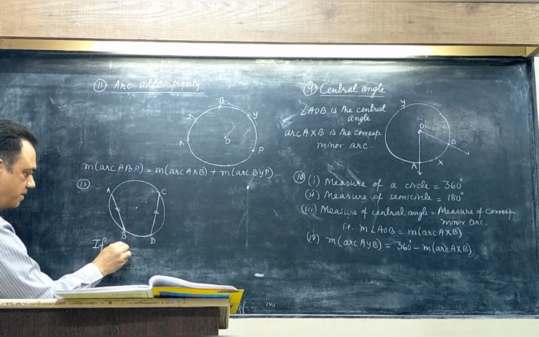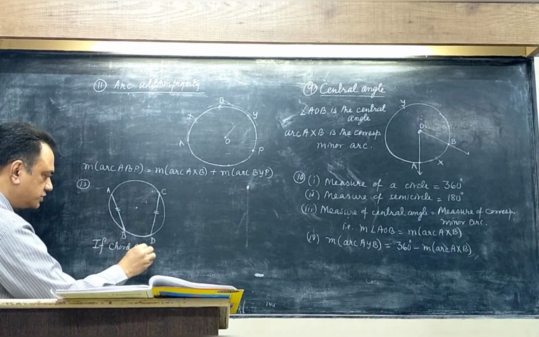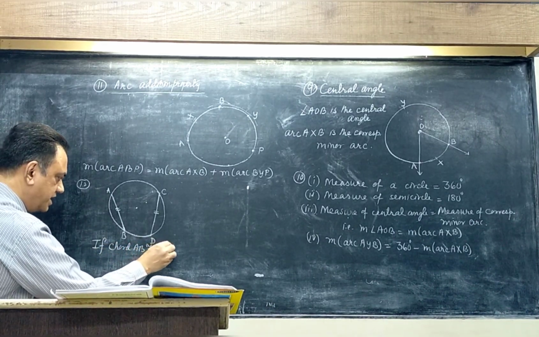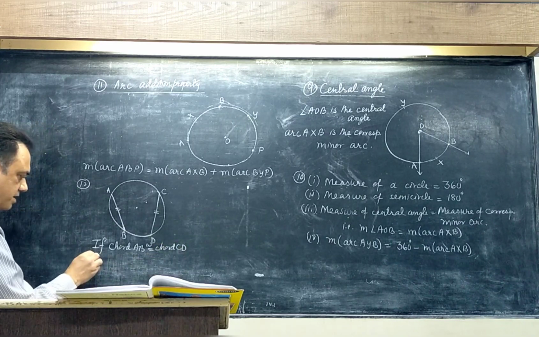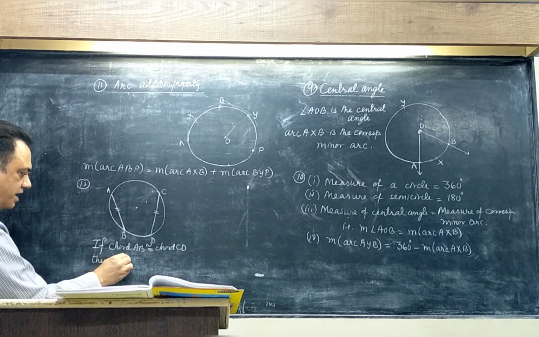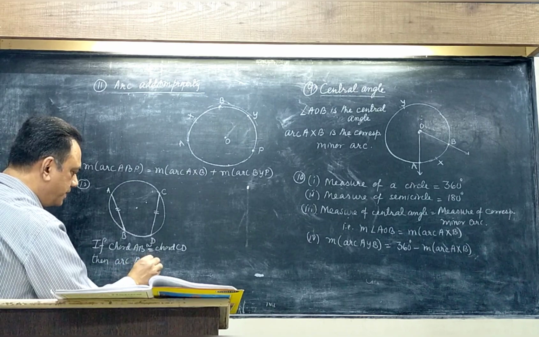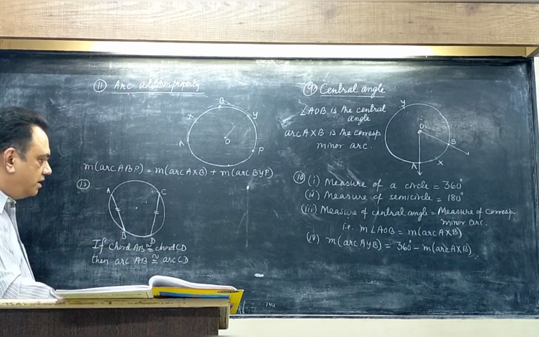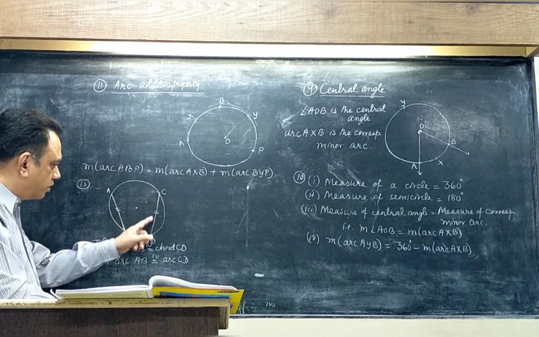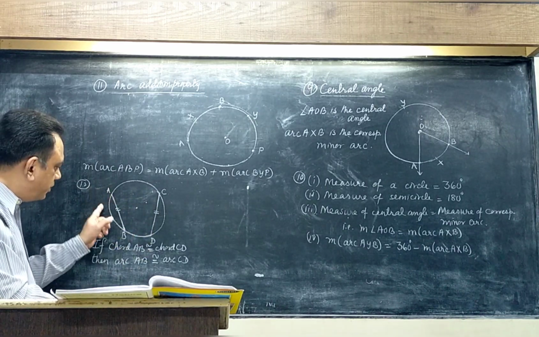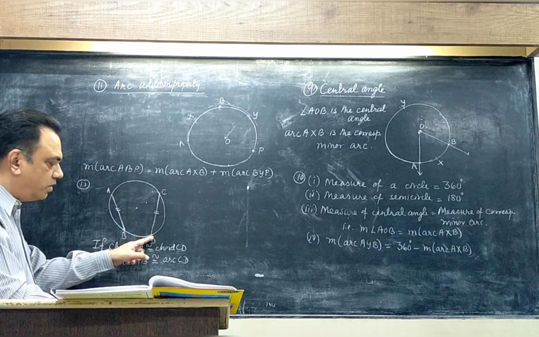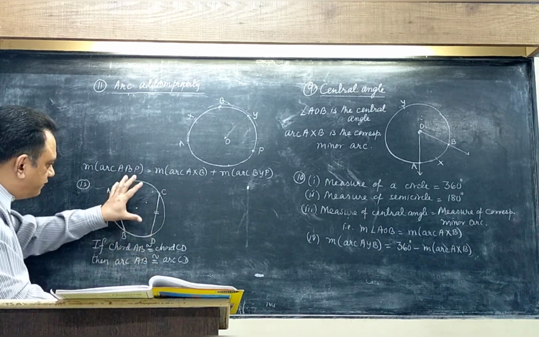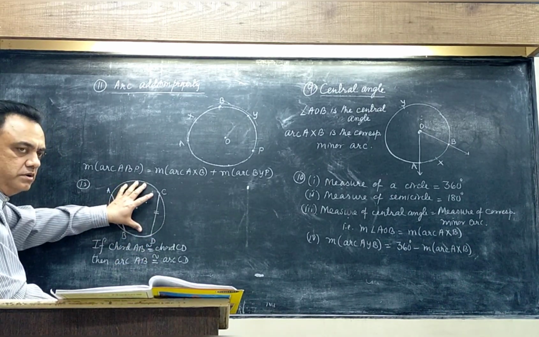If chord AB is congruent to chord CD, then arc AB will also be congruent to arc CD. This is for one circle I am talking about.